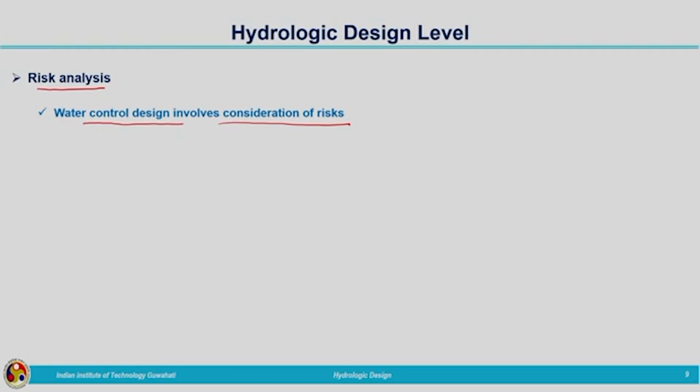When we were discussing water resources projects, I told you these are of two types. One is related to water control and the second one is related to water use. So, when we are discussing water control, such as the dam structure, reservoir, and control structures such as weirs and spillways, mainly when we talk about dams, the spillways come into the picture.